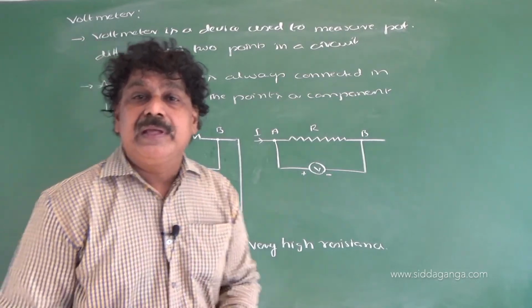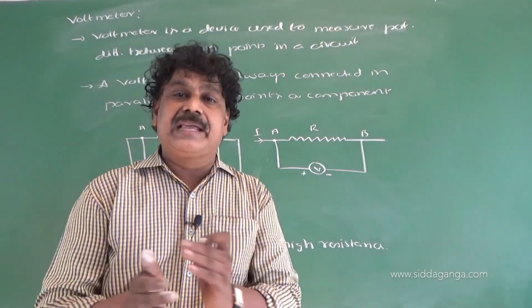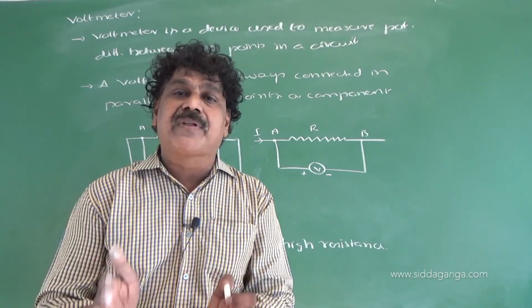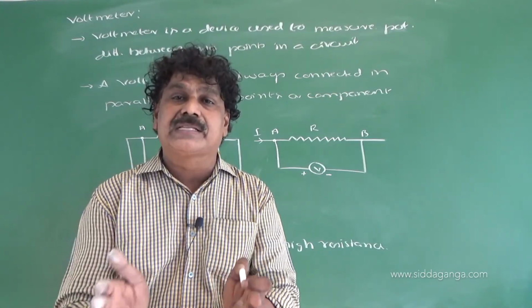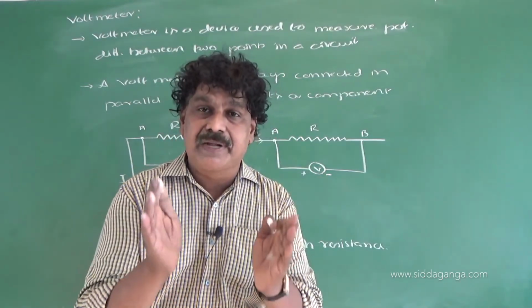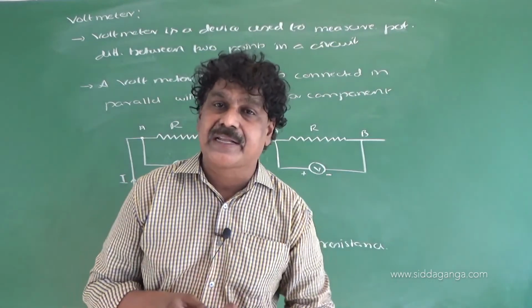So voltmeter has a high resistance because it can draw very small current from the circuit, so that it does not alter the value of potential difference between the ends of the conductor, right?